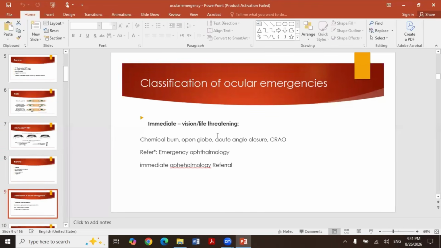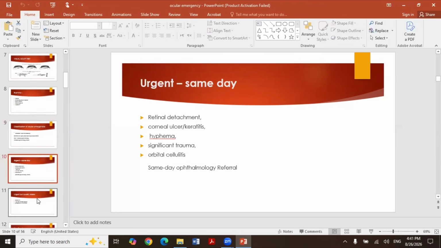So the immediate vision threatening: if there is chemical burn, this is a very emergency. If there is ruptured globe, open globe, acute angle closure glaucoma or central retinal artery occlusion, these are emergency ophthalmology and it's immediate ophthalmology referral, as soon as possible. We will talk about each case now, case by case.